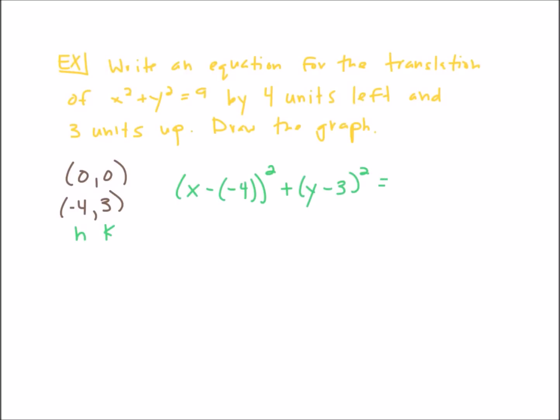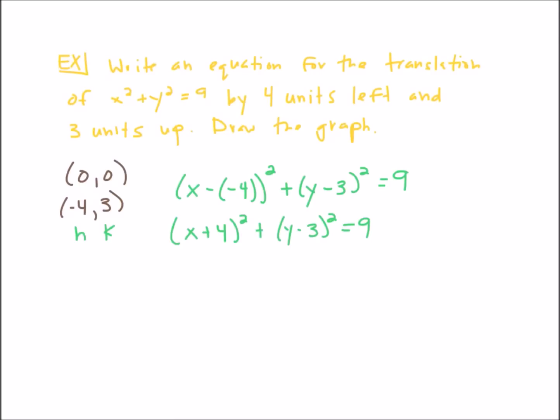Well, our radius didn't change. We didn't change the size of the circle when we moved it, so our radius is still 9. If we simplify this, x minus a negative becomes plus 4 squared plus y minus 3 squared equals 9.